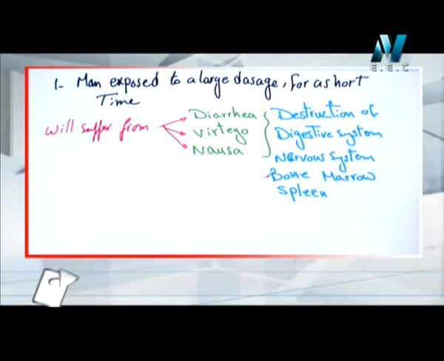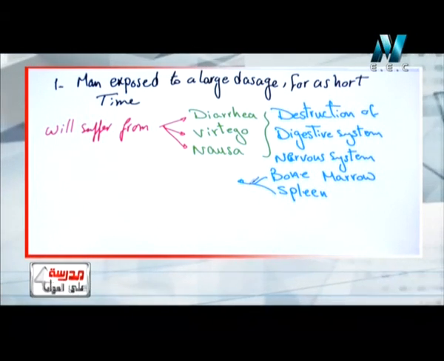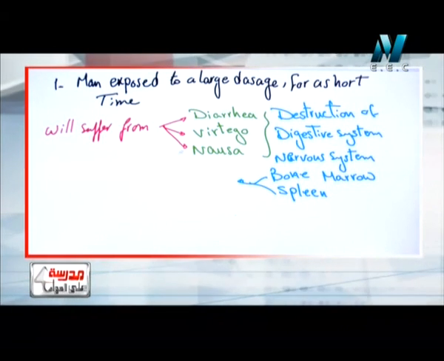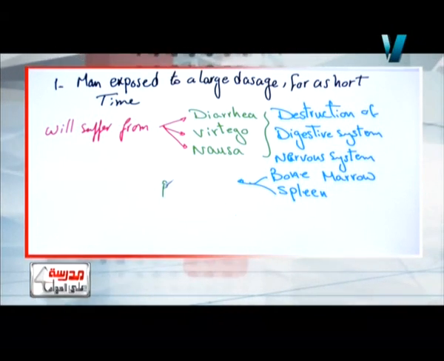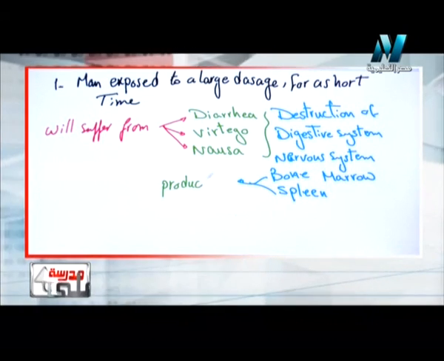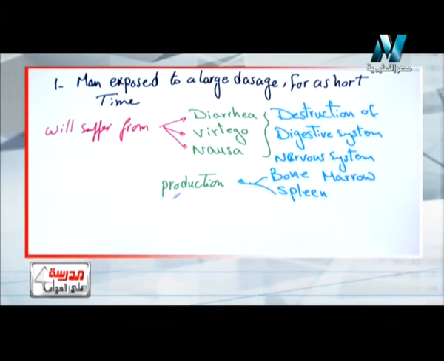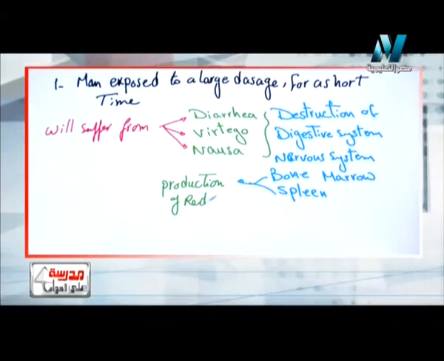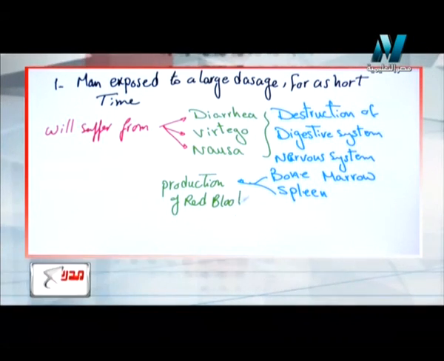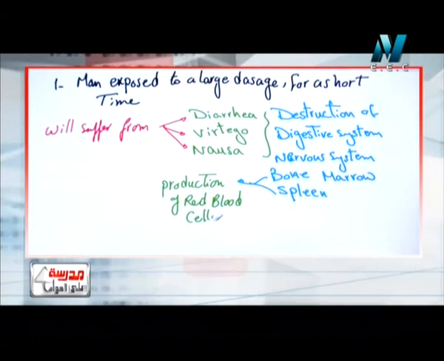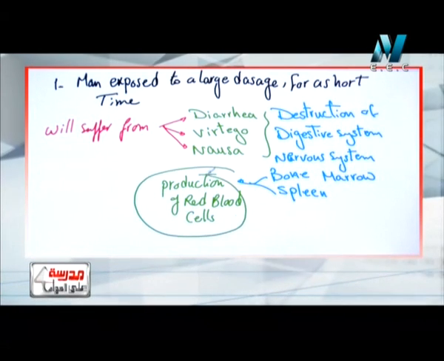And we should know bone marrow and spleen are both responsible for the production of red blood cells. Production of what? Red blood cells. Bone marrow and spleen.